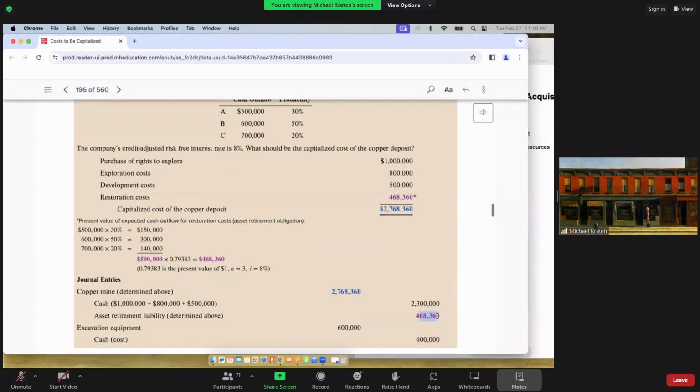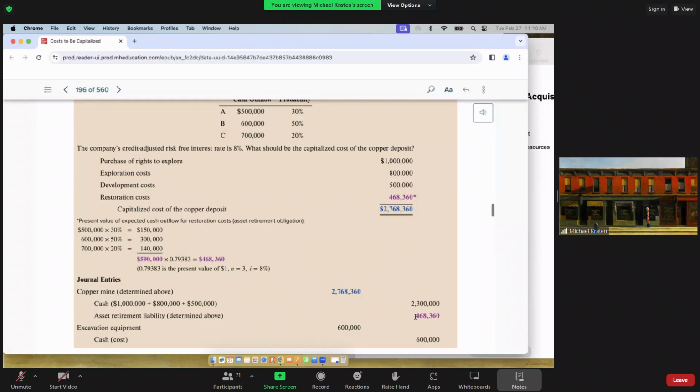Has the value of the firm changed? Is there any revenues or expenses? Well, if one asset goes up by 2.7 million and another asset goes down by 2.3 million, then assets overall have gone up by 468,360.